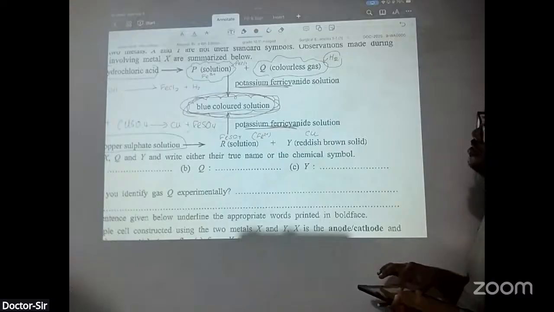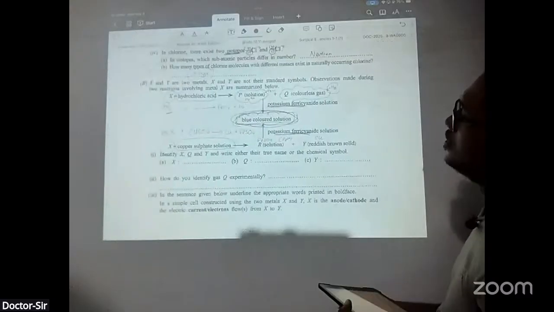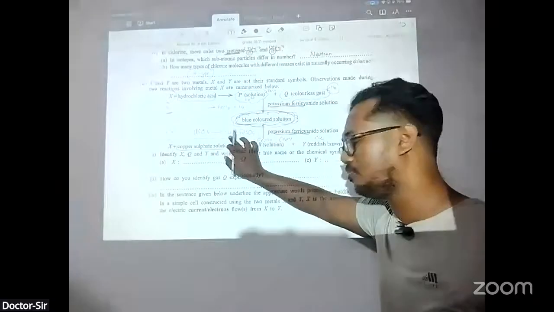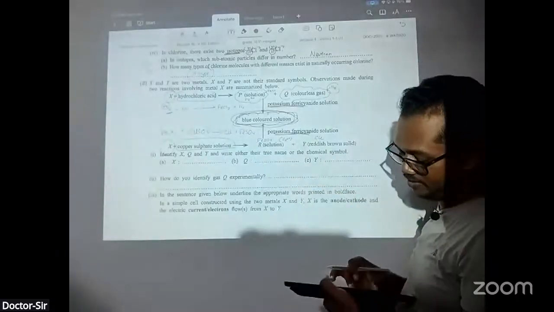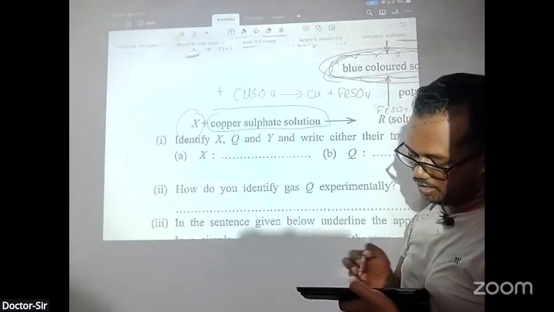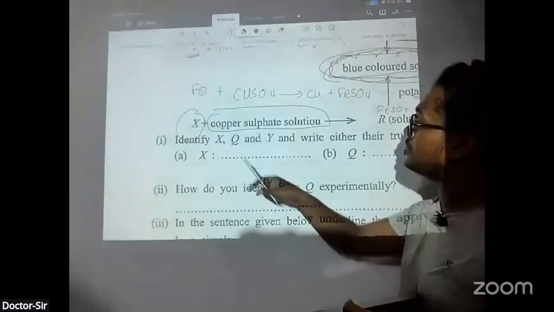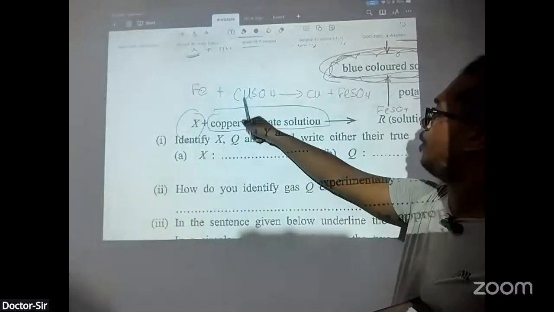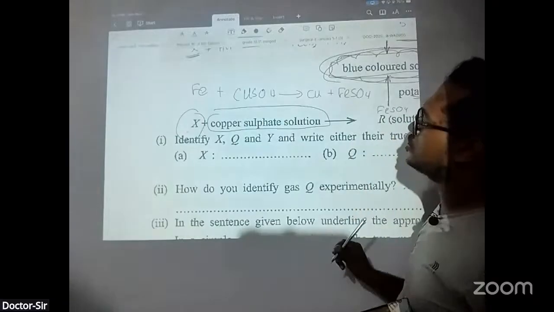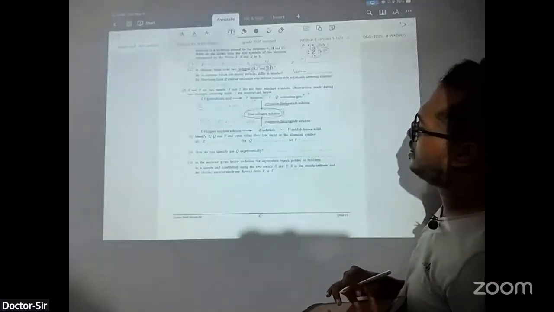Now you got the whole idea. Here it is a single displacement reaction. I will write it down again here: ferrous plus copper sulfate, copper is replaced and ferrous combines with the sulfate. So it is a single displacement reaction.